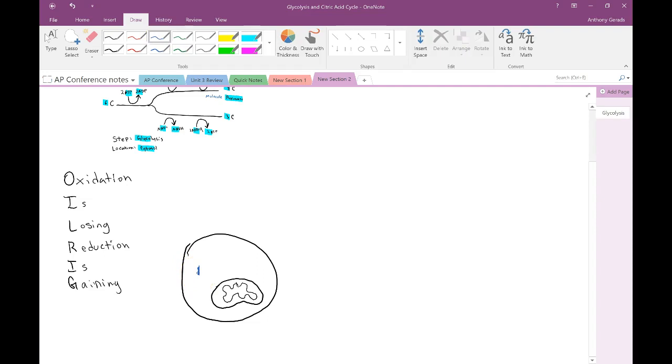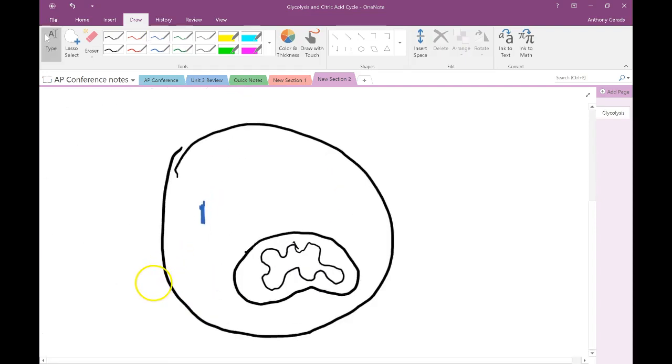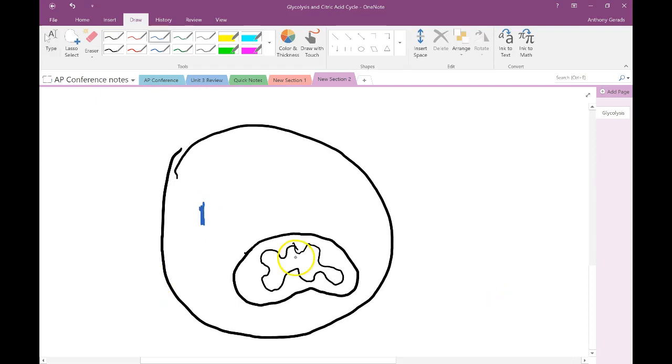Step 2, which is going to be the citric acid cycle, which we're about to learn, happens in the matrix of the mitochondria, in the center of this mitochondria. So today we're talking about the whole process of going from here into the middle of this. It's going from the cytoplasm or the cytosol into the matrix of the mitochondria.